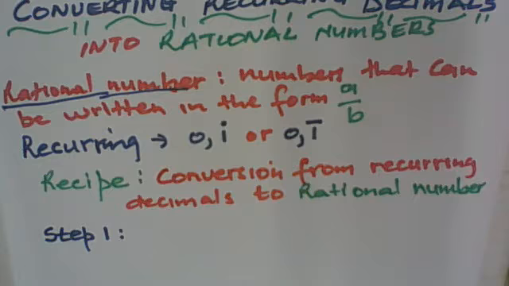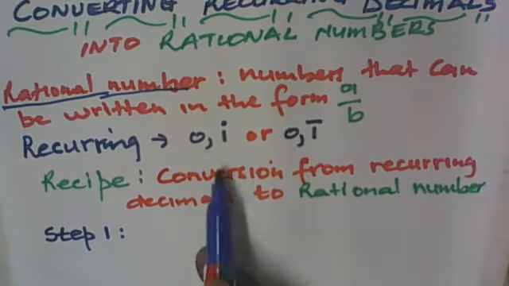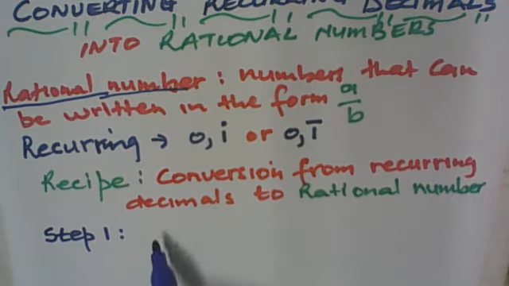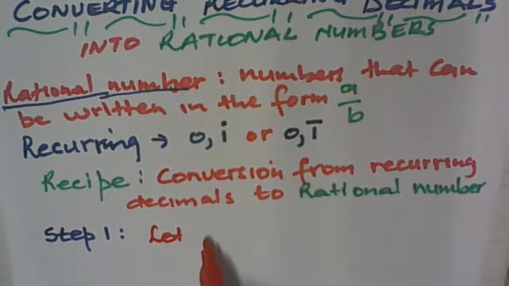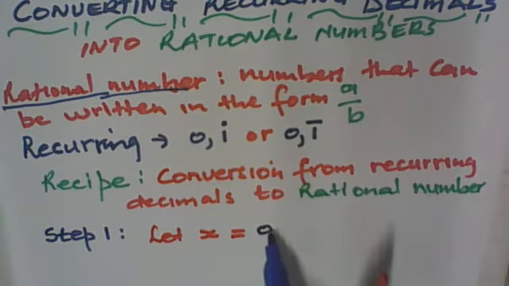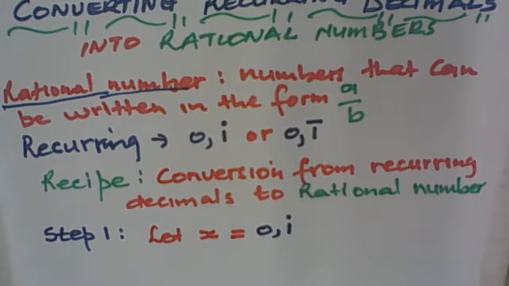Now, yes, the first step, we define the equation. Say, for an example, we were given this. How can we define an equation with that? Because we don't know what its value is, we let x be equal to 0,1 recurring.